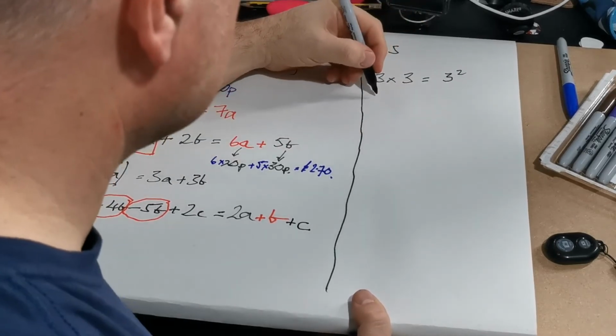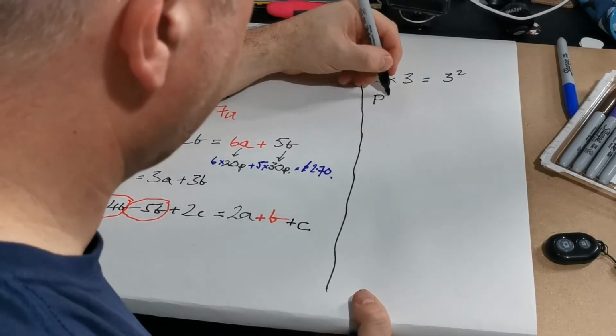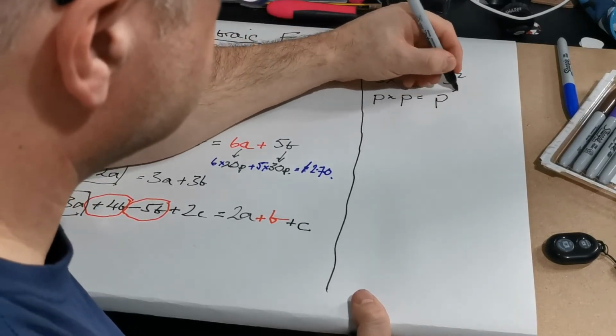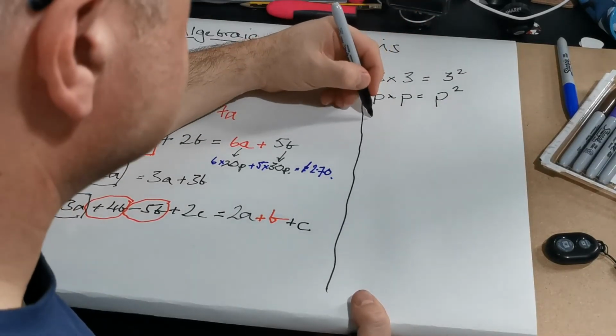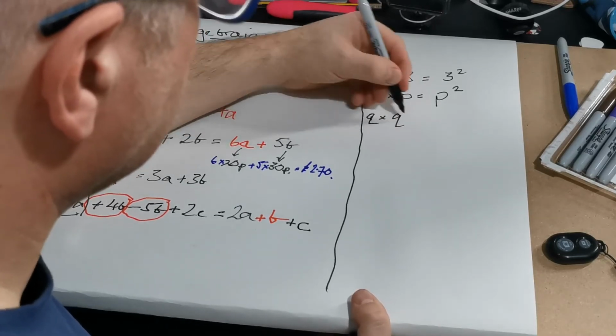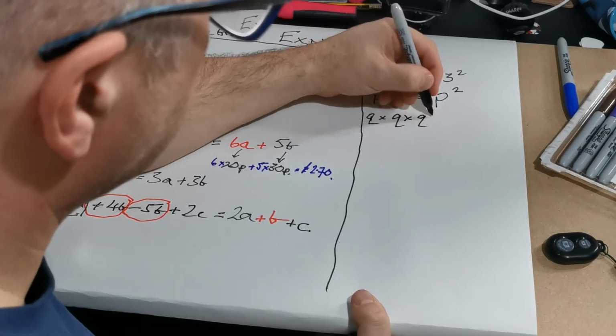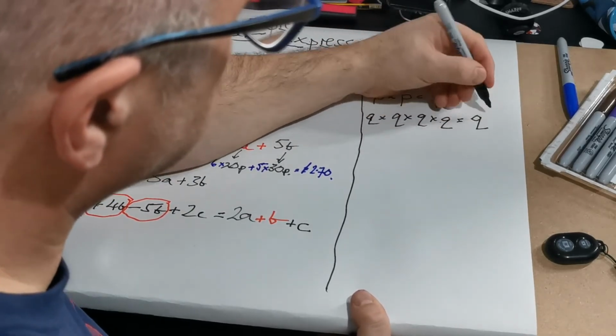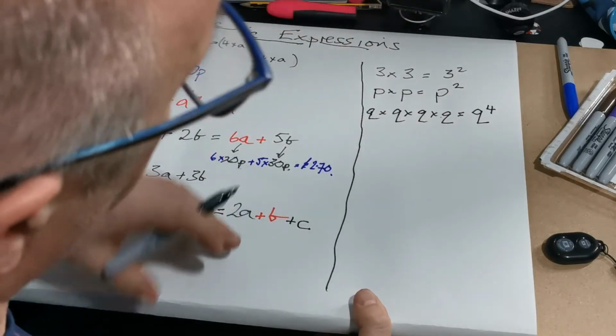And it would be the same for a letter. So if I said I was going to do p times p, that would be p squared. And if I had to do q times q times q times q, you would say there are 4 q's times together, so that's q to the power of 4.